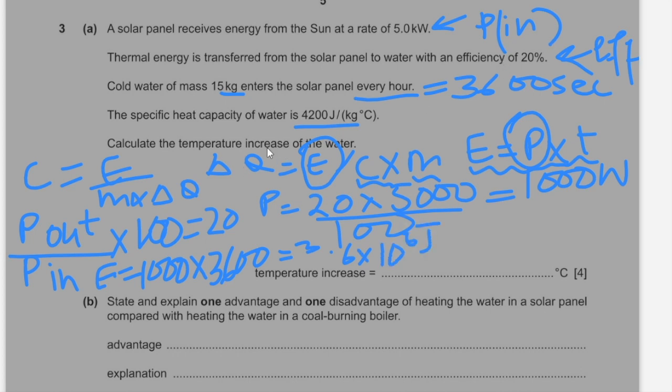So change in temperature here was equal to energy divided by specific heat capacity into mass. I'll start by writing over here since the space is not sufficient. 3.6 into 10 to the power of 6 divided by specific heat capacity, which is 4200, multiplied by the mass, which is 15. And so the change in temperature is going to be 57 degrees Celsius.